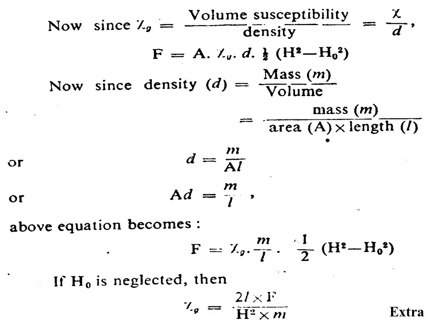Since there is written psi G, in the second equation after capital A, the factor is psi G into D into half of h square minus h naught. As we know, density is equal to mass over volume.